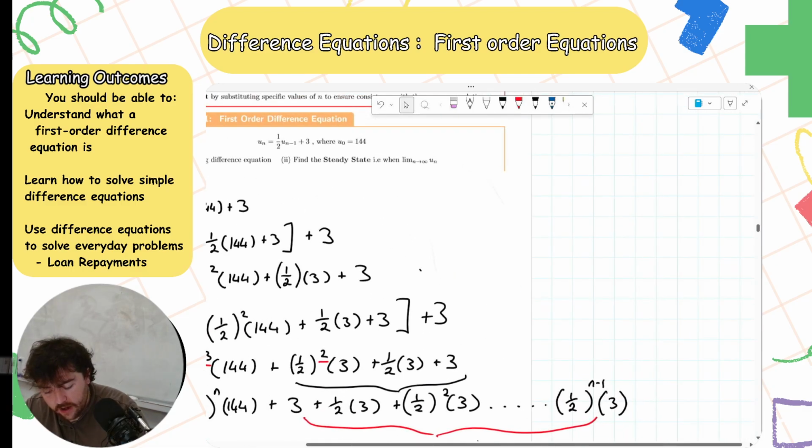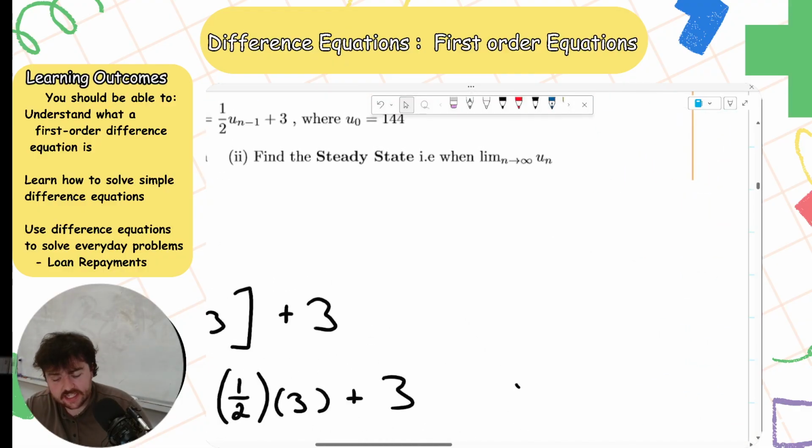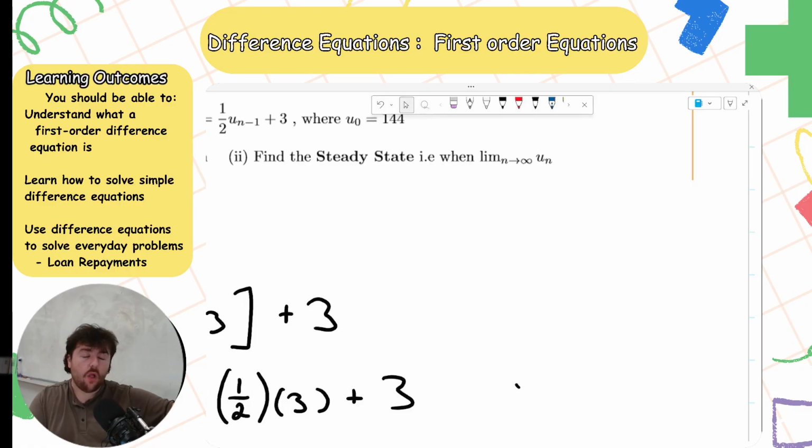Now, it asks me in part 2, find the steady state, i.e. when the limit of my sequence goes to infinity. So a steady state just means after a while, what value does my difference equation tend towards, right?